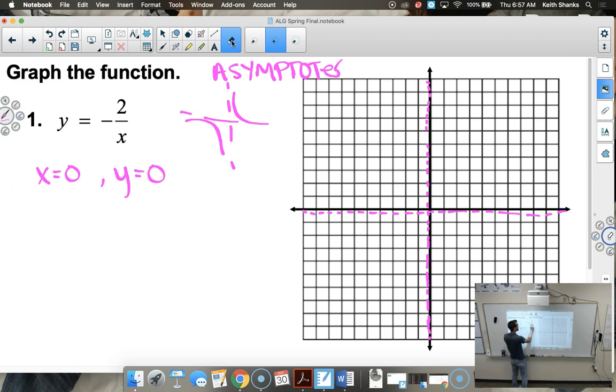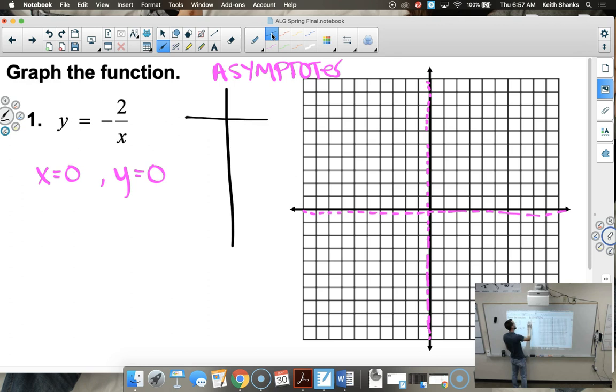So you've got your asymptotes going through there. So when I go to set up a table and plug numbers in, I'm going to do x and y. The other thing to remember is that these work kind of like mirror images, right? So whatever happens on one side then happens on the other side.